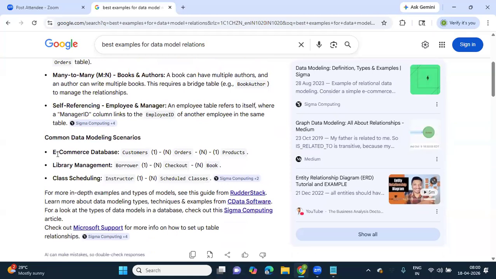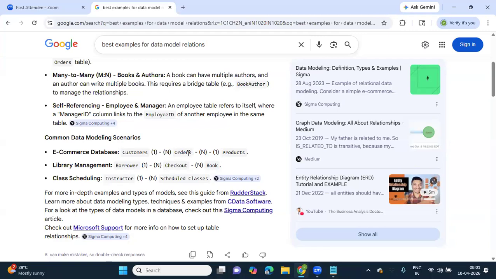Okay, here they have given the e-commerce example with customers as one. Customers, orders, and products. I think N refers to many. So between the customers and orders, we have a one to many relationship because one customer can place many orders, and between the orders and the products, we have a many to one relationship. N refers to many, one refers to one.